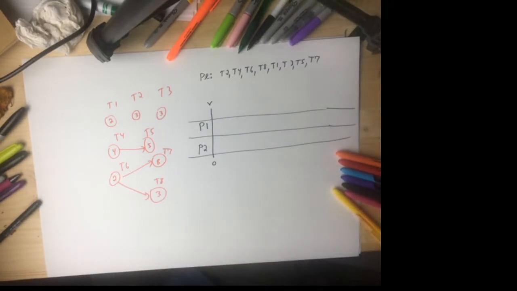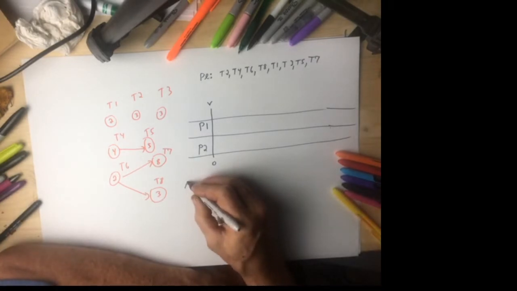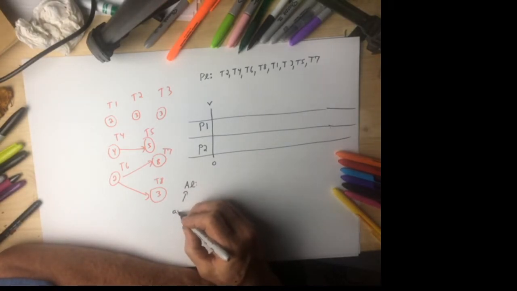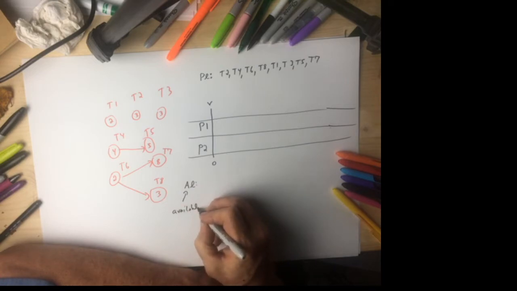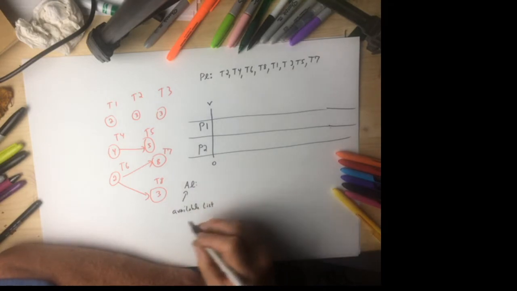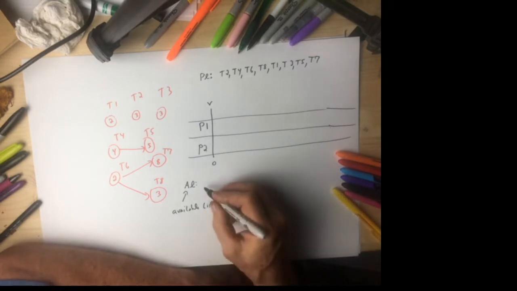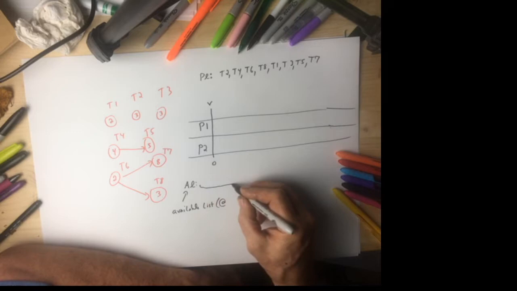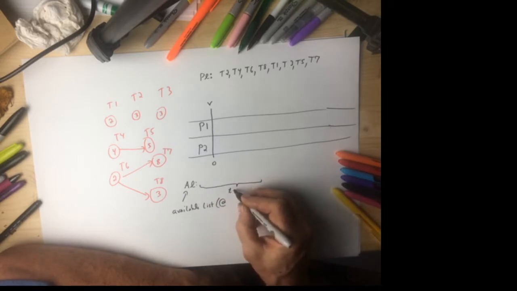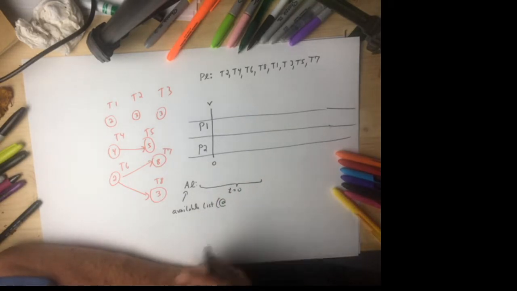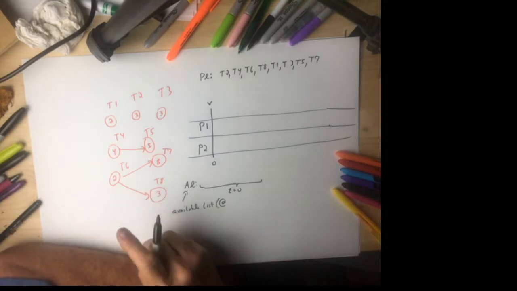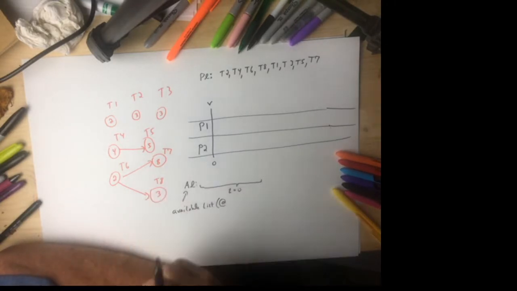Now, the next thing I'm going to create on a regular basis is called an available list. And an available list takes place at a specific time. So right now, at time equals 0, I want to look at this picture and ask which jobs have no arrows coming to them.